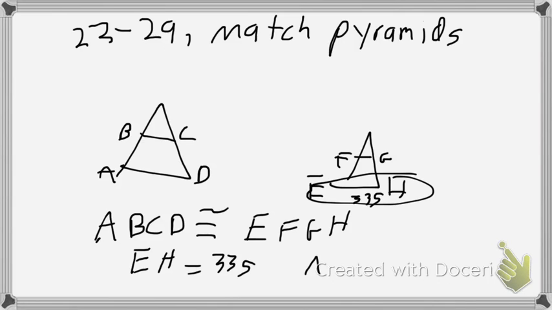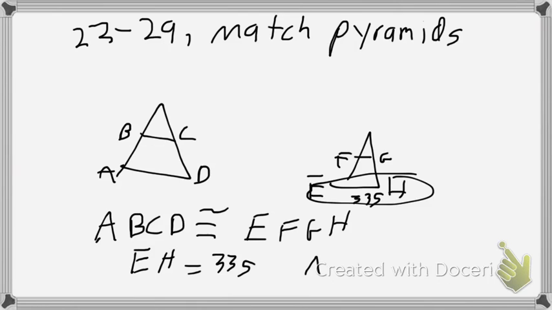So here we're looking for AD. AD is not given, or else it'd be a really silly question to ask. So we look over at EH. Because again, same position, it's the bottom, and if you look at the names of the quadrilaterals, you see ABCD is congruent to EFGH, first, last, first, last.